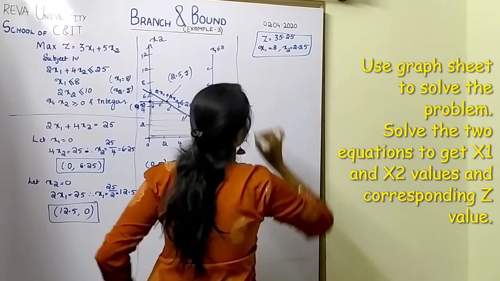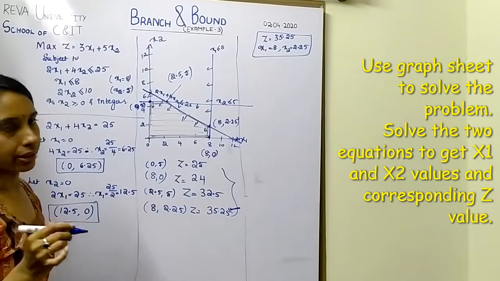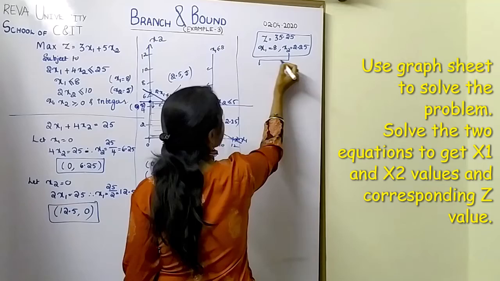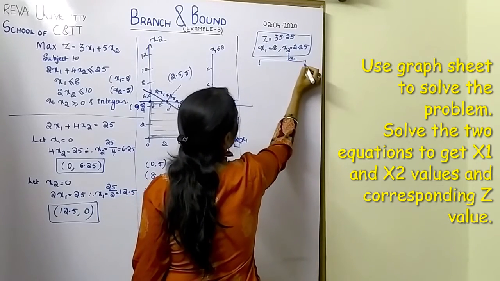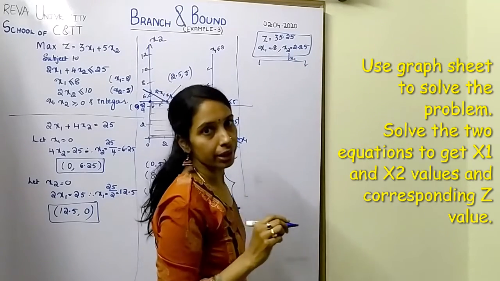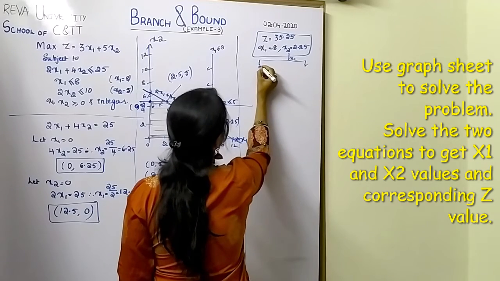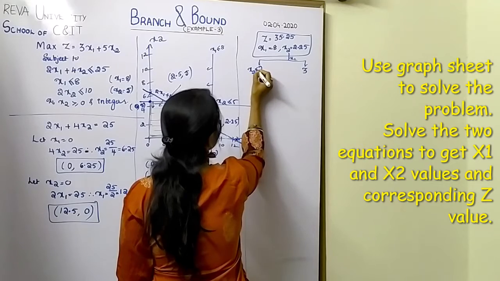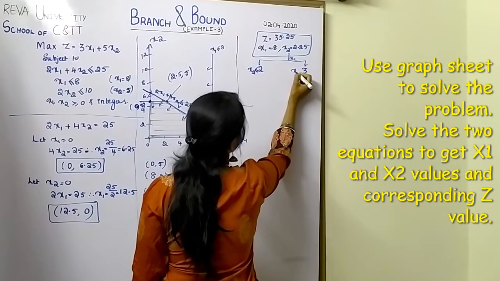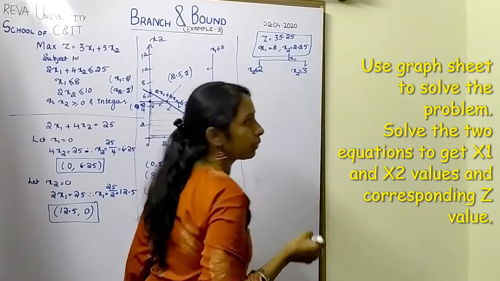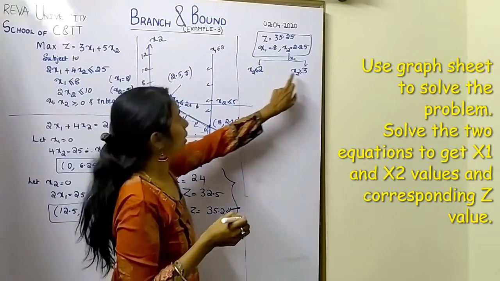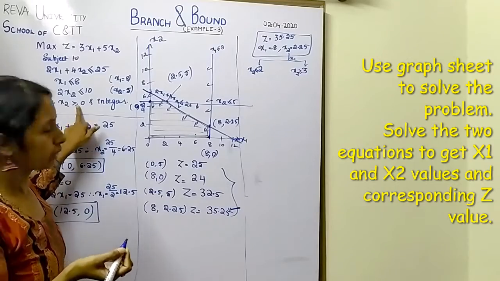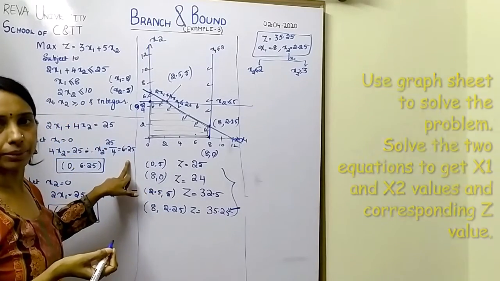Now these are not integers, so we'll be again branching this x2 as this 2.25 lies between 2 and 3. So x2 is less than or equal to 2, x2 is greater than or equal to 3. Now include these two constraints in this equation and again you solve using the graphical method.